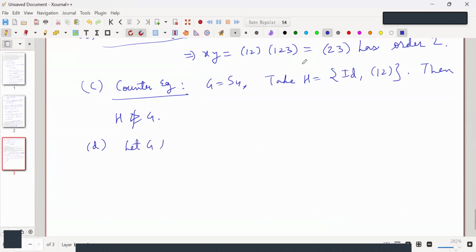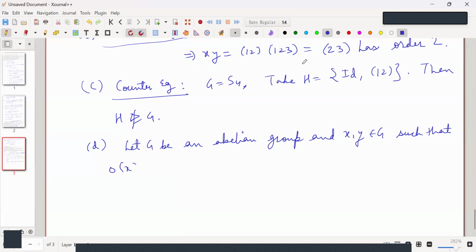Let G be an abelian group and X, Y belong to G such that the order of X is 2 and the order of Y is 3.